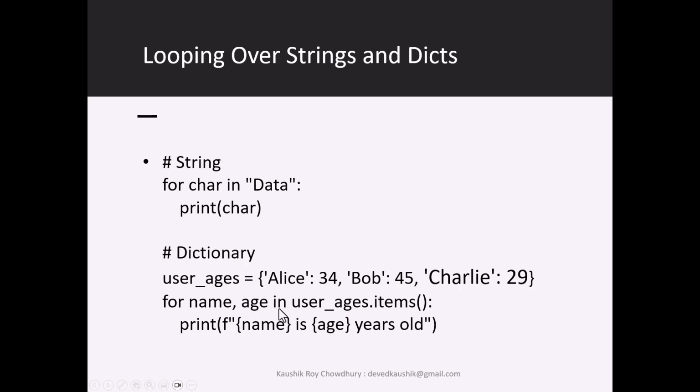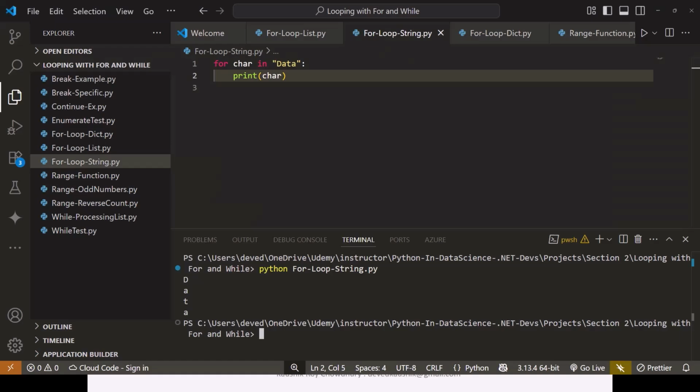For name, age in user_ages.items. This .items will bring you the key and value pair. So if you iterate like this, you can get the name as well as the age in an f-string, as I will demonstrate. This will be for loop dict.py.